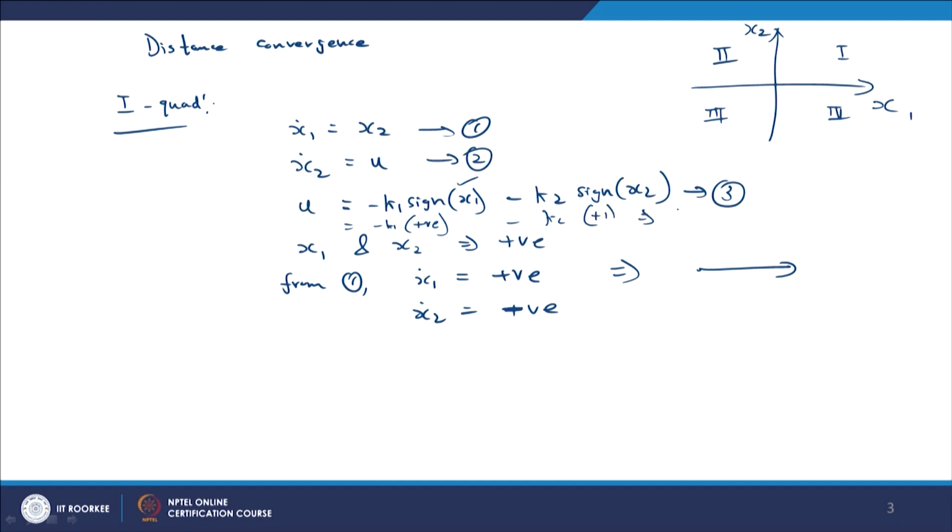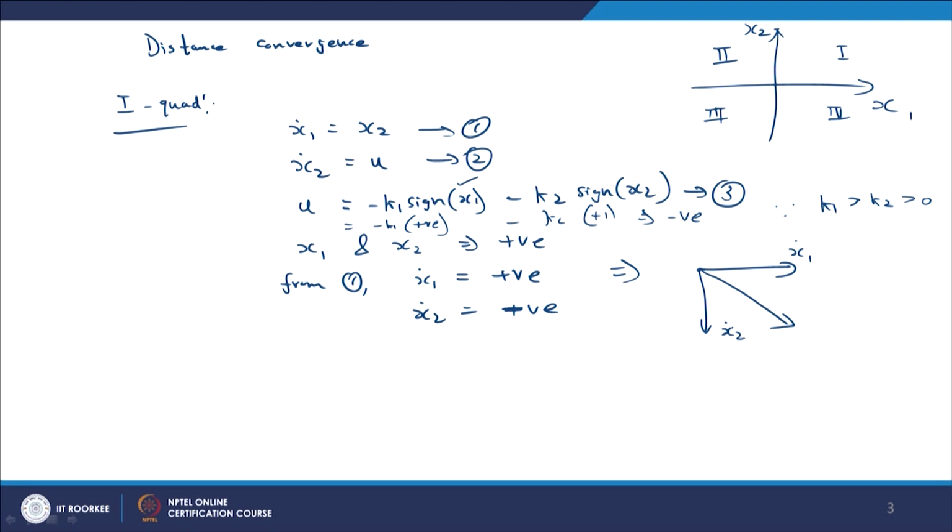So, eventually it is negative, since k1 is greater than k2, which are positive, non-zero constants. So, we have the x1 dot trajectory being this one and the x2 dot trajectory negative. Thus, the resultant is this direction.